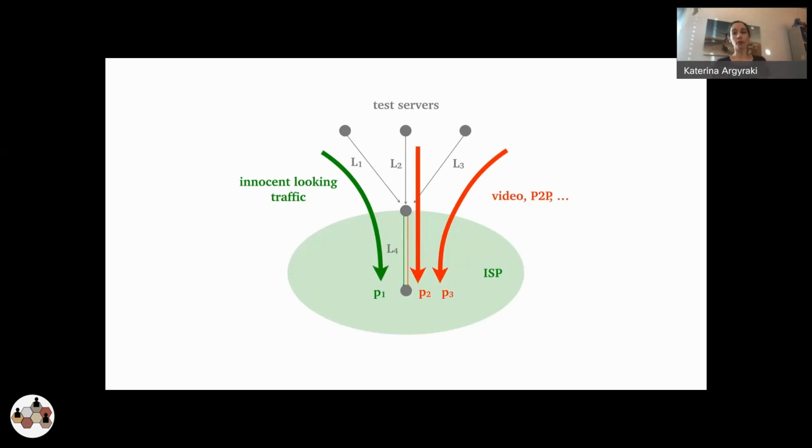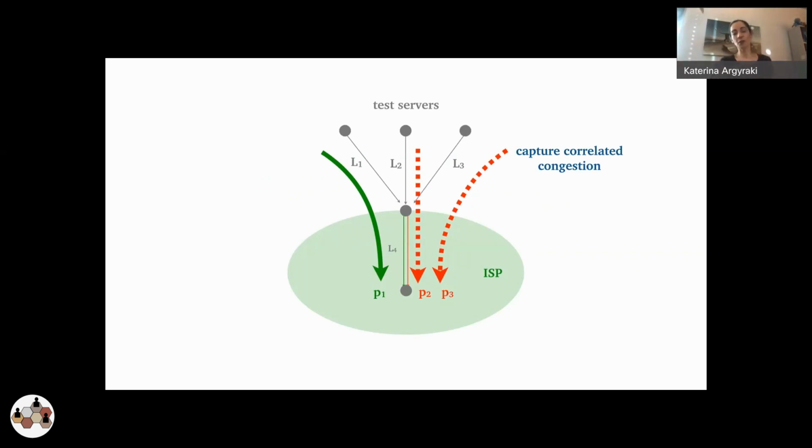So we're working with the team that built the Wiki app that I mentioned, and we are incorporating tomographic inference inside Wiki. So why is this hard? Well, why does the neutrality inference math work? Because it tries to capture correlated congestion between paths that suffer together, right?